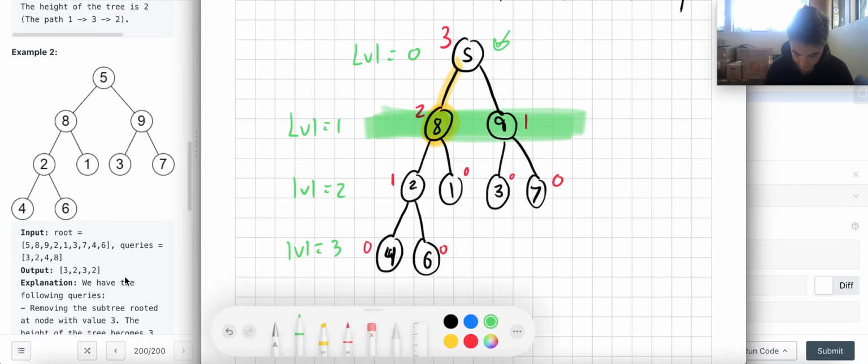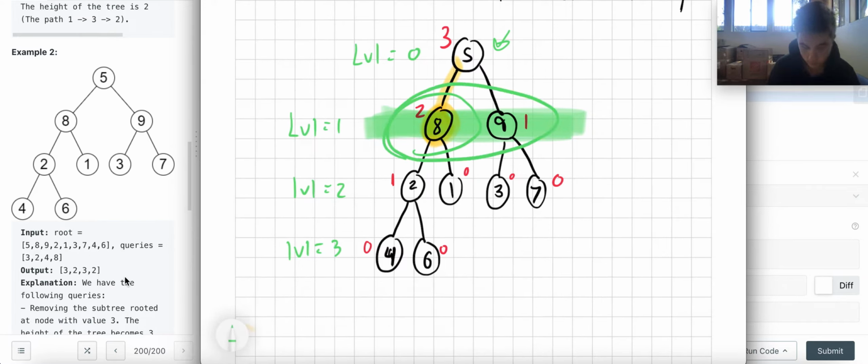I guess the idea is if you're at a certain level, right? Like you're at this level here. If you're trying to find the max subtree that doesn't include 8, well, that's equivalent to removing everything at this level, right? So then you can just add the other trees at the same level, and whichever one is the max will be the max subtree for this system.